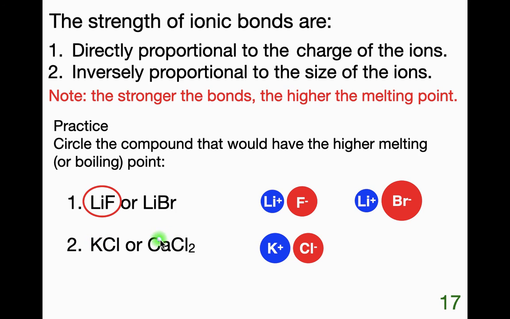Potassium and calcium are in the same period. Potassium is the first element, calcium is the second element in period 4. So calcium is going to be smaller, but it's also going to have a +2 charge. So it's both smaller and has a greater charge. So that is going to be a greater attraction. So it's the calcium chloride.